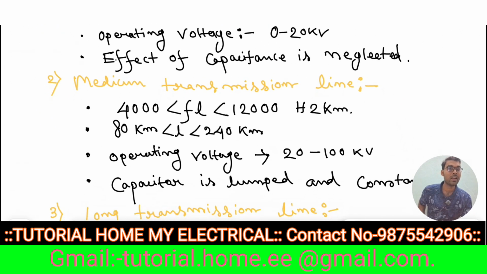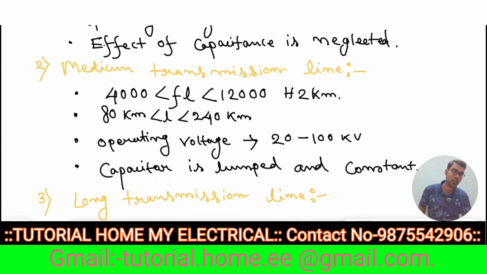Now coming to the medium transmission line. For a medium transmission line, the multiplication of supply frequency and the length of the transmission line is between 4000 and 12000, means greater than 4000 and less than 12000 Hertz kilometer.